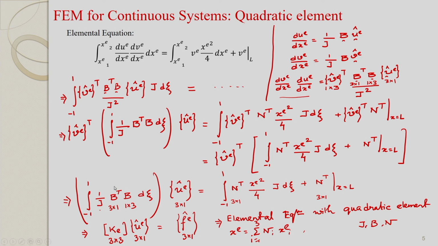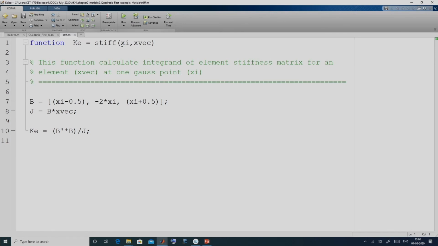So, we have to use Gaussian quadrature to get the element stiffness matrix. First, I am explaining the MATLAB function which calculates this element stiffness matrix. The input is the Gauss point where I am calculating the integrand.